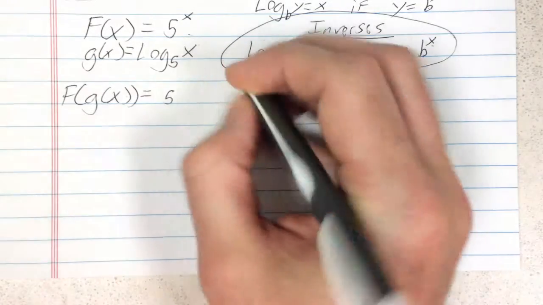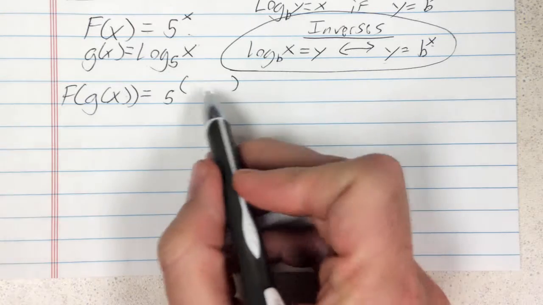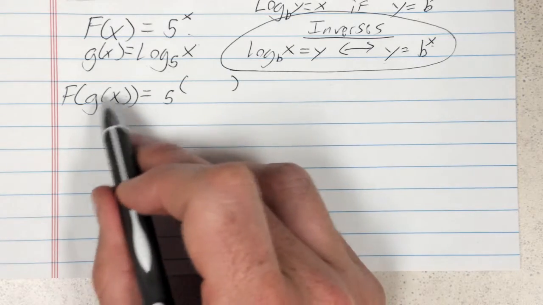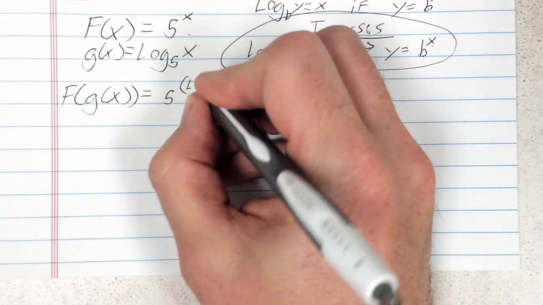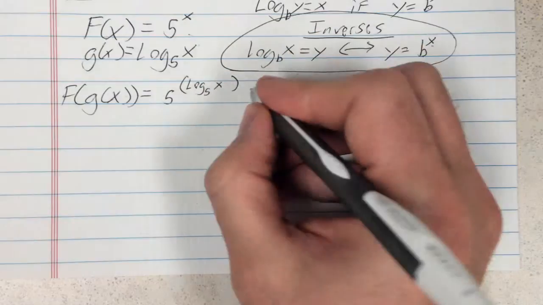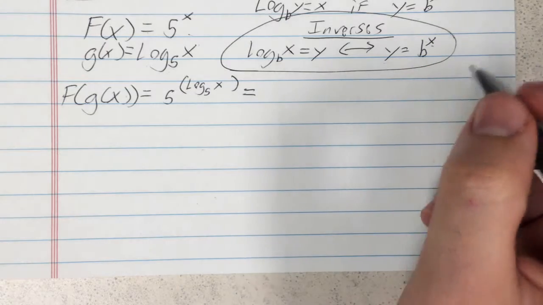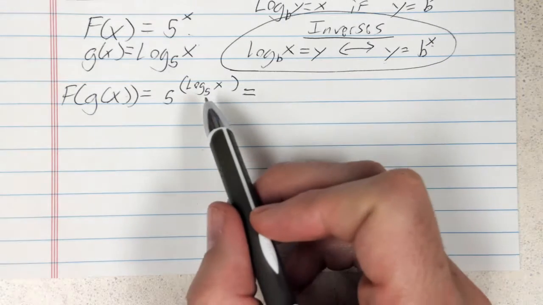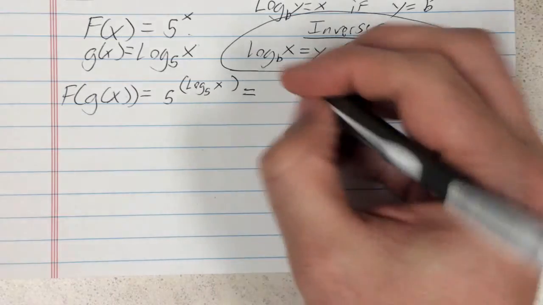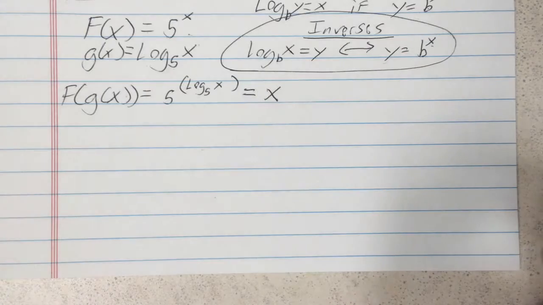In place of x, we're going to plug in the whole g of x function, log base 5 of x. We know that if those are inverses, it equals x.